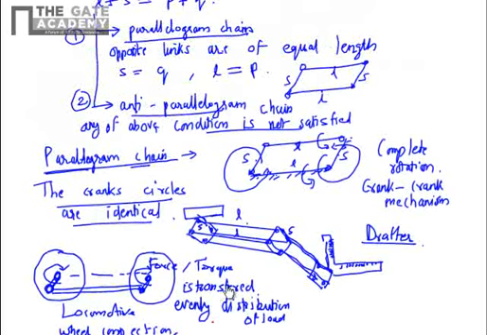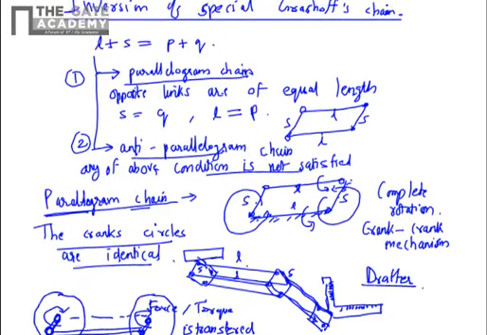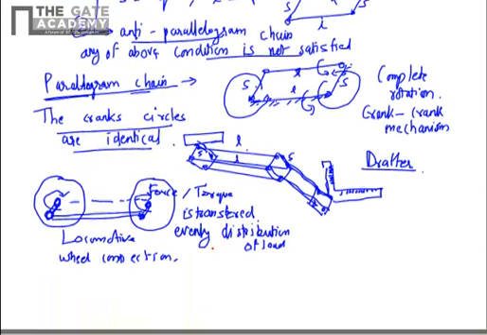Now, in the parallelogram chain, we stated that it is formed when the opposite links are of equal length. We may also have one variation of the special Grashof chain, that means L plus S is equal to P plus Q. This condition is satisfied, but it is not a parallelogram. So that special case is called a deltoid chain.